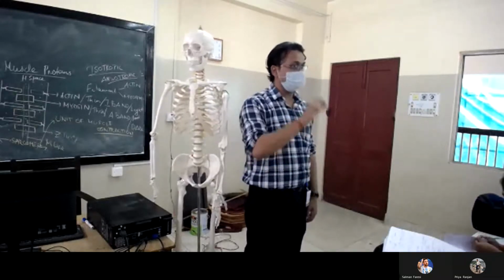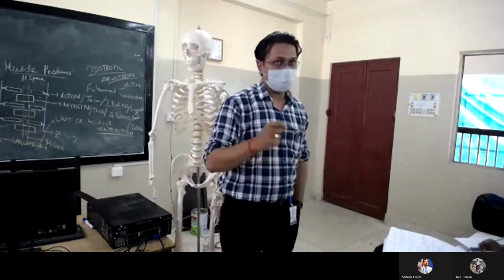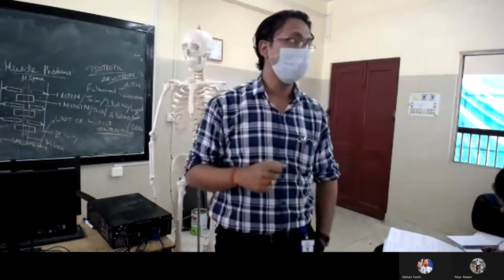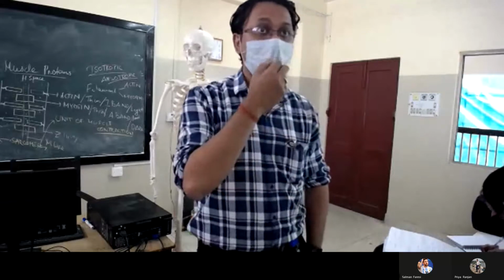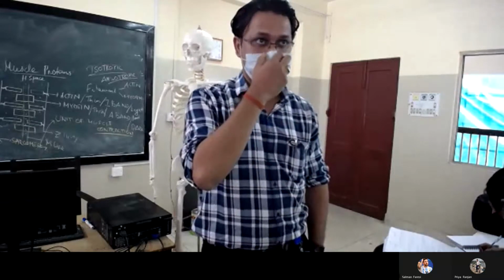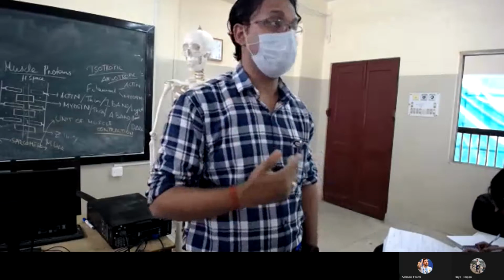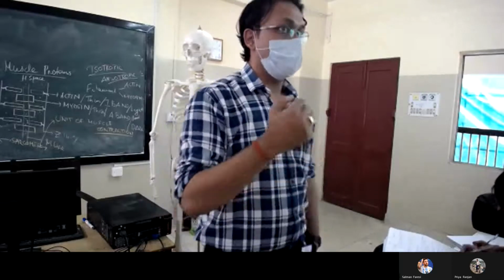With that, there is one more artery which is protected by this clavicle, which is named the subclavian artery. What is this artery?